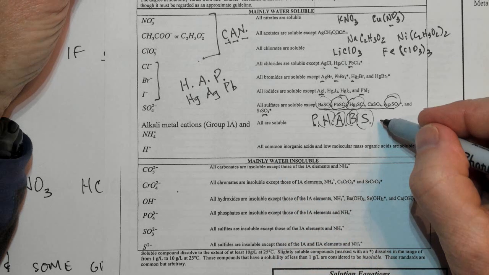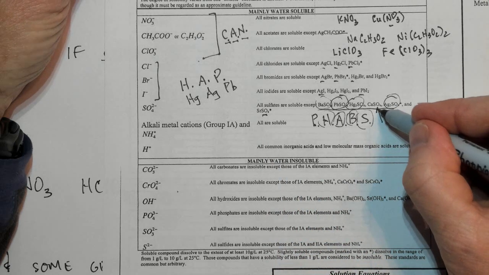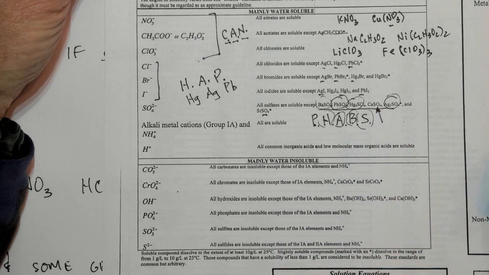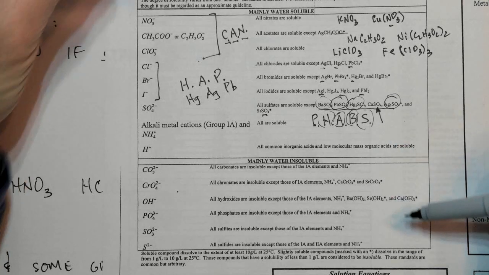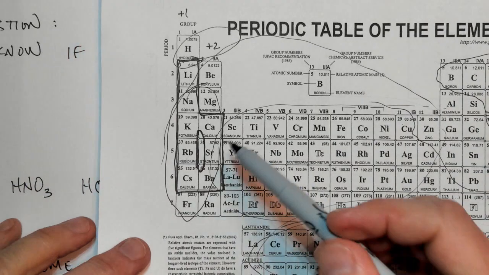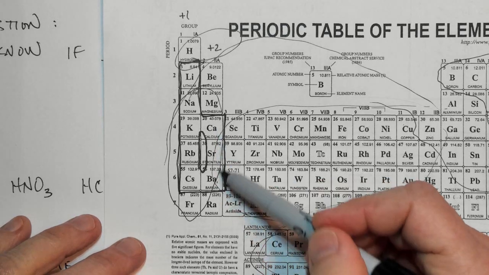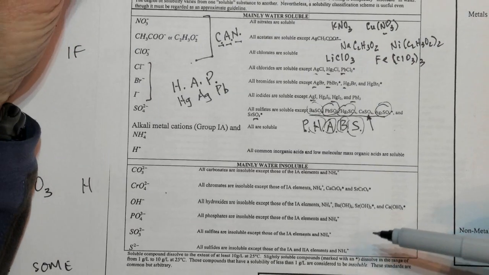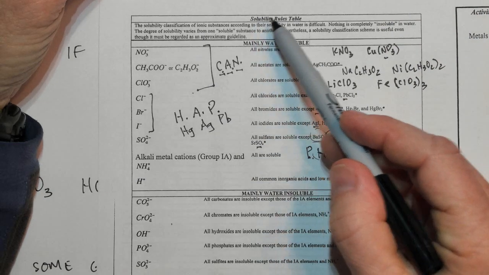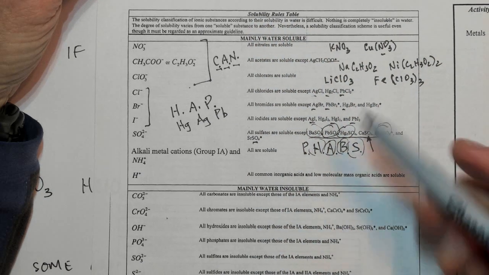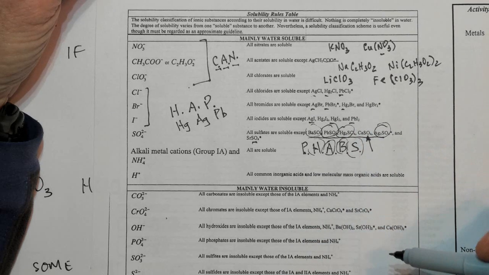Now calcium is also listed in here, and you can remember it because calcium, strontium, and barium are right next to each other in the same group. And believe it or not, there are different solubility rules tables in the world that don't include calcium.